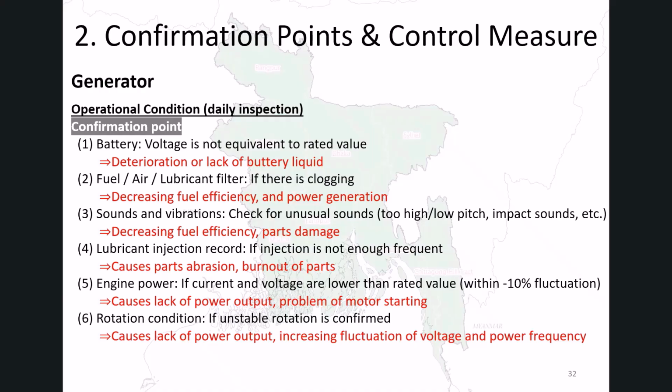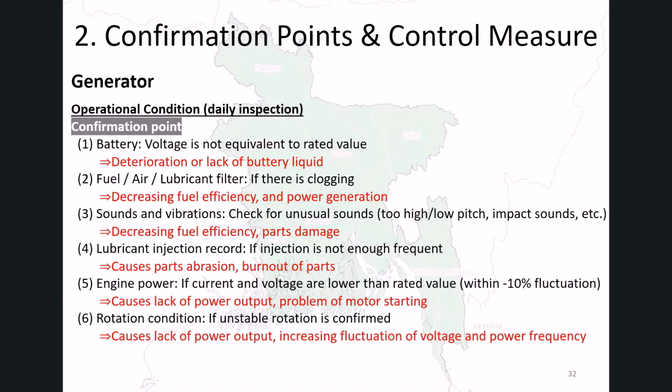Second, the condition of the fuel, air, and lubricant filters. If the filters are clogged, fuel efficiency decreases and generator power output is reduced. It can also increase fuel consumption and engine load. Therefore, filters should be inspected regularly and cleaned or replaced as necessary. Third, sounds and vibrations.